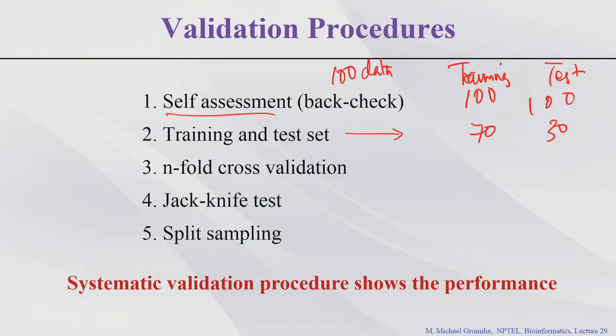Already we discussed that the data set is completely non redundant. In this case, the 30 are also non redundant, not related to the 70, and even if the features captured from the 70 are able to predict the 30, then we can trust that if a new one comes, it is possible to capture it.